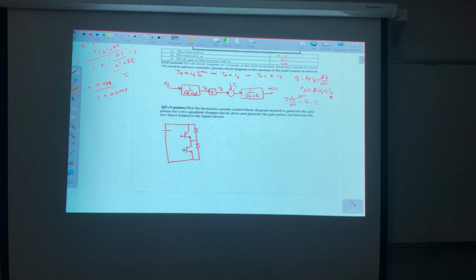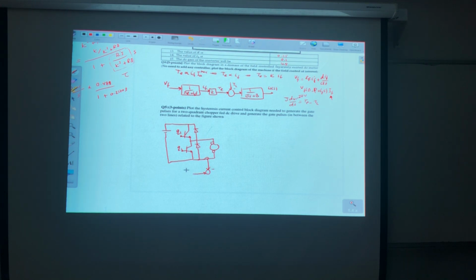So here I'm having the gate pulse, let's say Q1, here I'm having Q2, and here I'm having the machine. So I will measure the current.